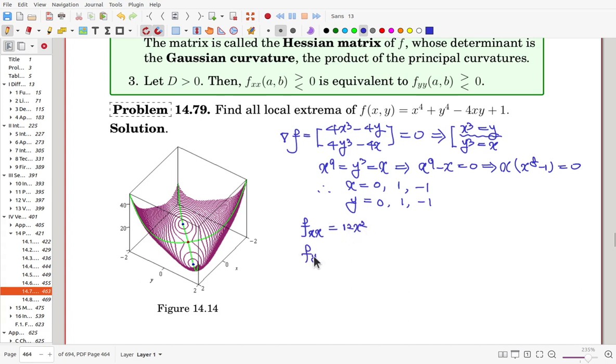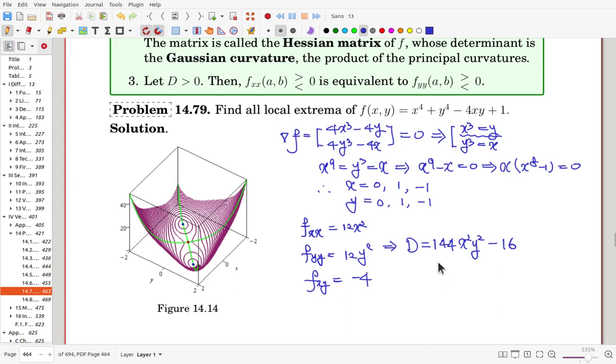F sub yy, from f sub y, one more y derivative, is 12y squared. Now f sub xy, for this x derivative, we apply the y derivative, then that is minus 4, so that D is the product of these two, 144 x squared y squared, minus that squared, which is 16.